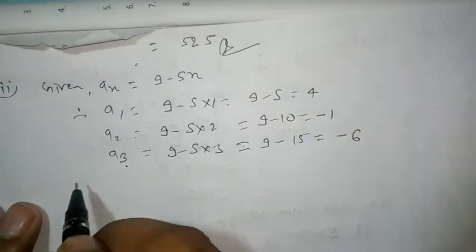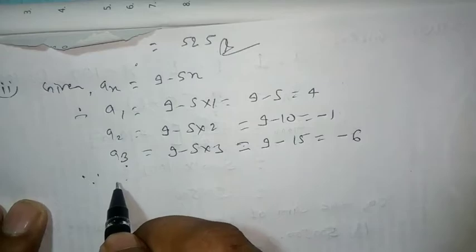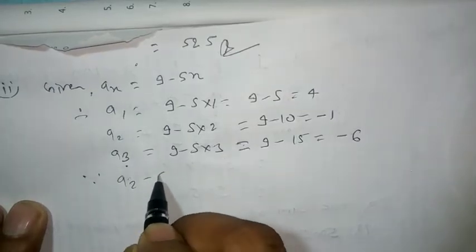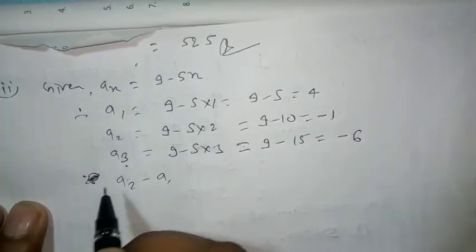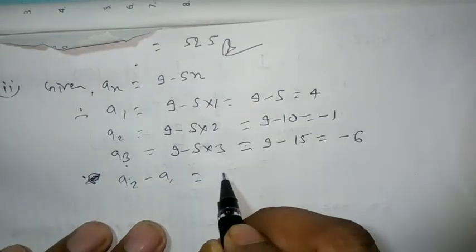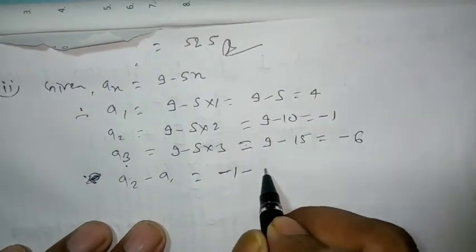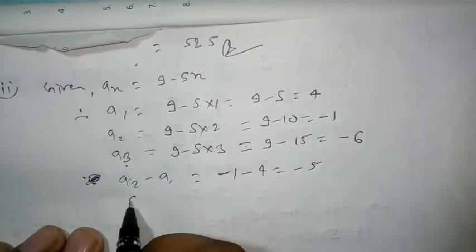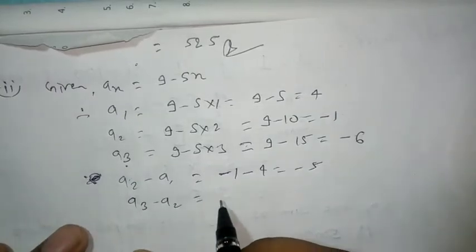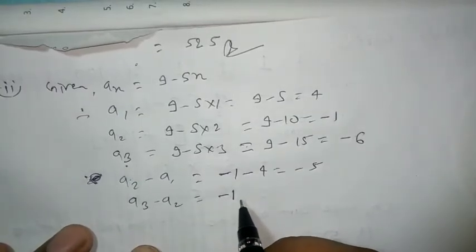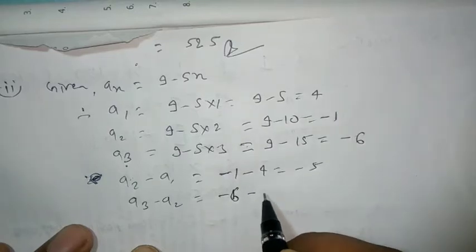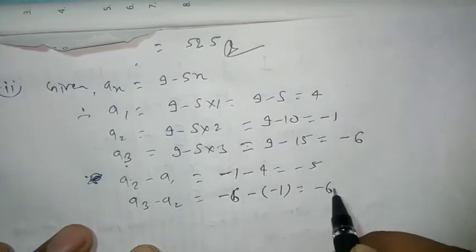Now a2 minus a1 is minus 1 minus 4, is equal to minus 5. a3 minus a2 is equal to minus 6 minus (minus 1), is equal to minus 6 plus 1, is equal to minus 5.